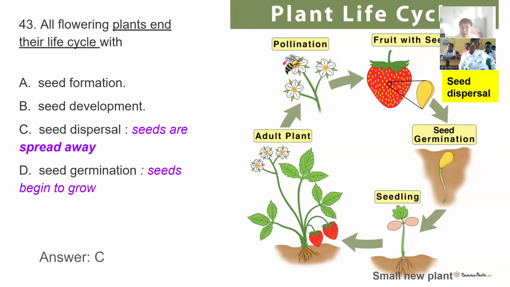And sometimes from these pollinations, we can form fruits. And fruits contain seeds. And then the seeds drop off to a new place, and the seeds can be dispersed by wind or water or by other animals. But the important part is the last step. And this question asked about the last step, which is the seed dispersal.